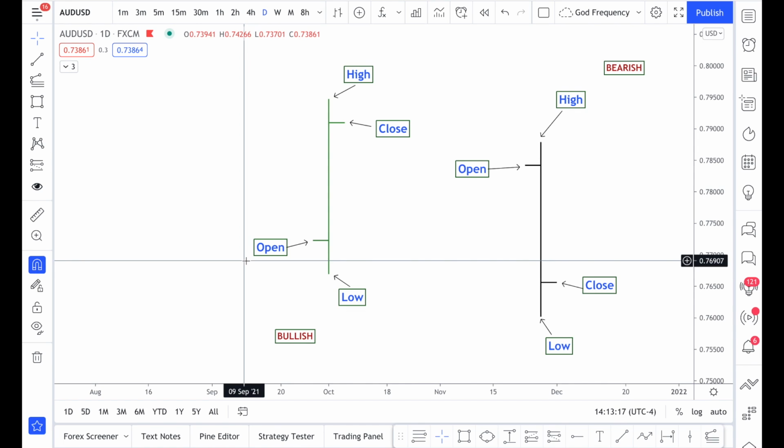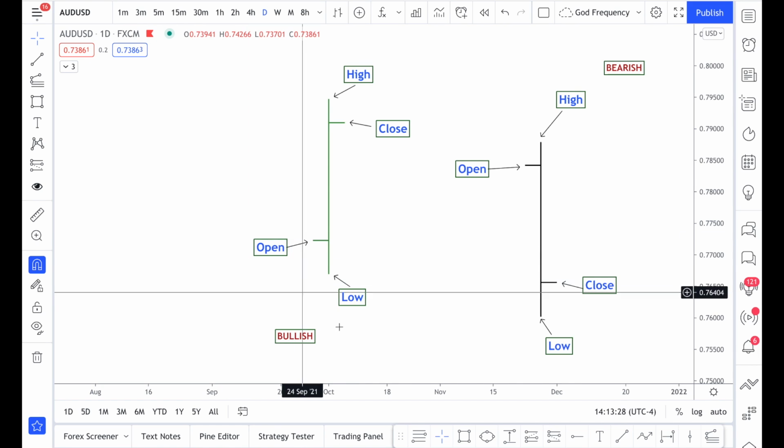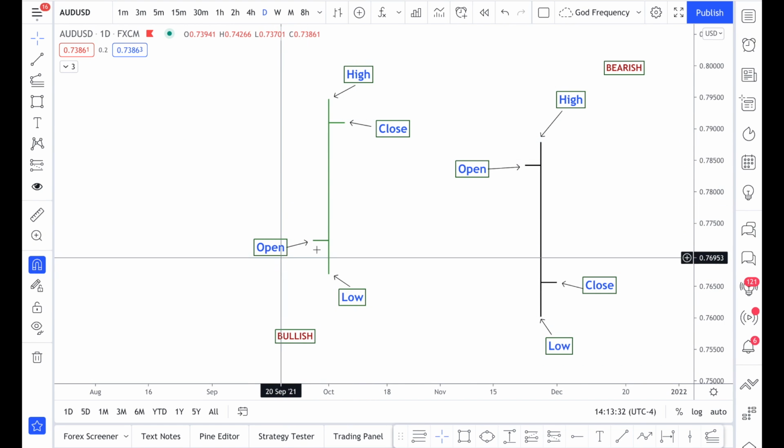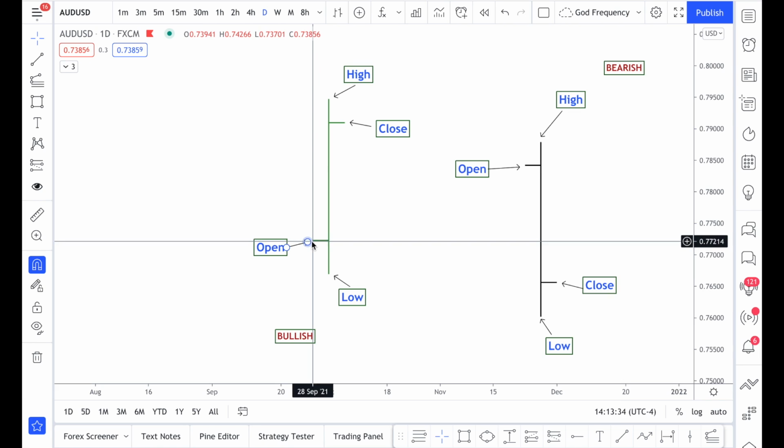Then I try to predict the next candle's price action just by looking at how the previous bars or candles had printed.